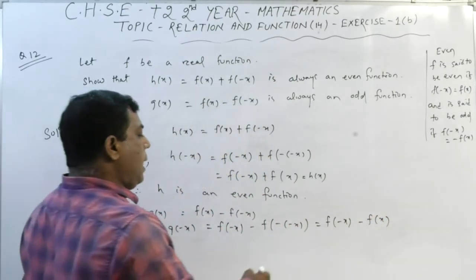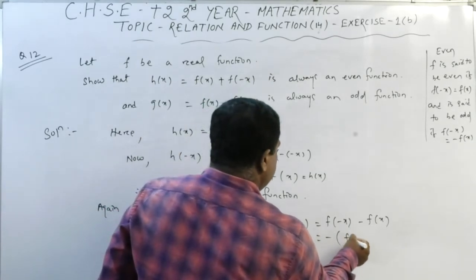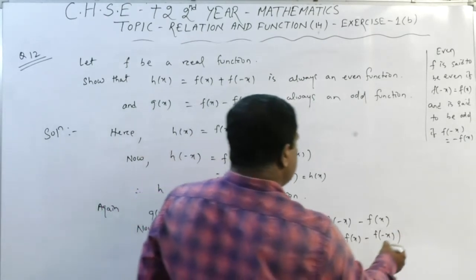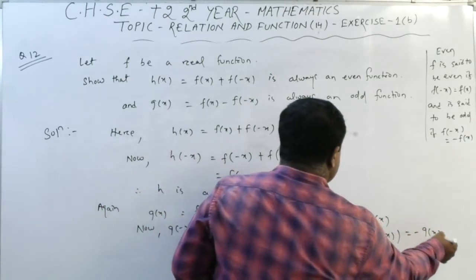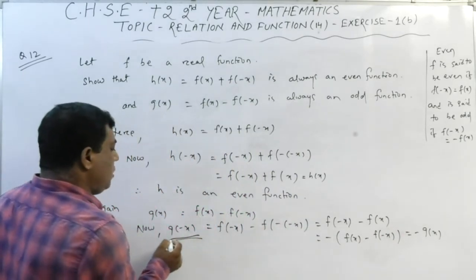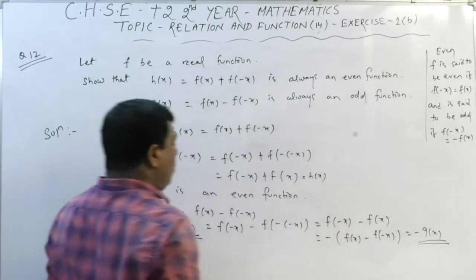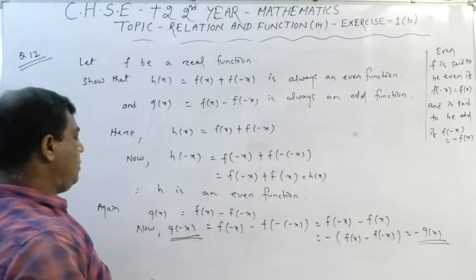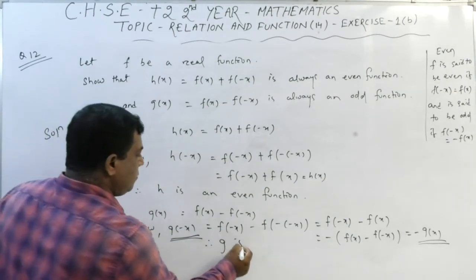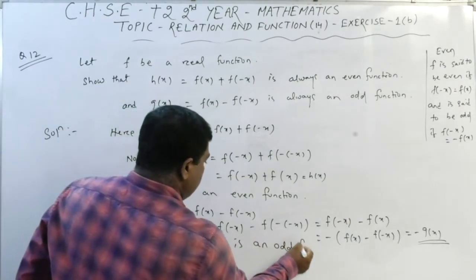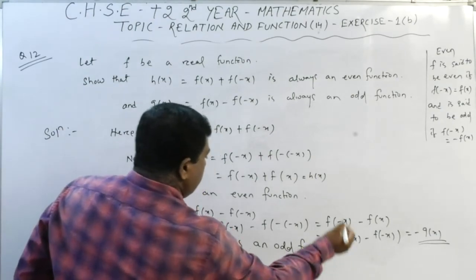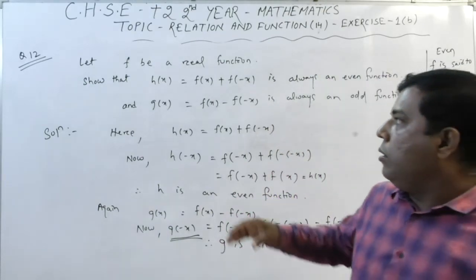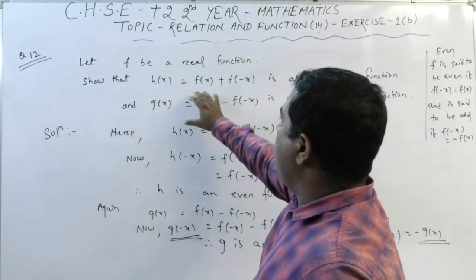If I take a minus common, I obtain minus of f of x minus f of minus x, which is minus of g of x. So you see, g of minus x equals minus g of x. Now you tell me, my dear students, is g odd or even? Yes, you are correct. Therefore g is an odd function.